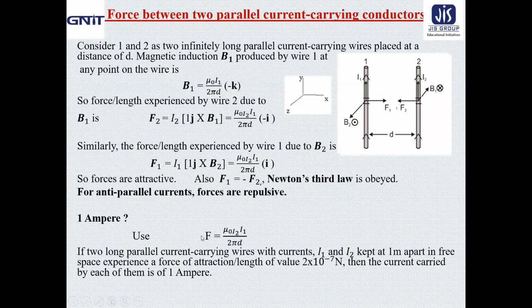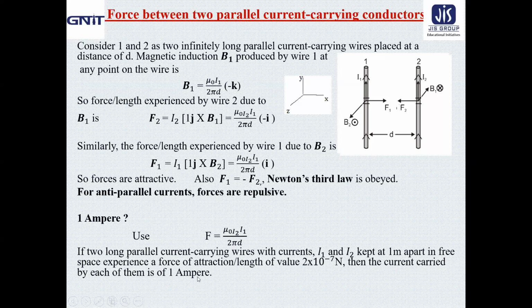Then you can define 1 ampere using this expression, mu naught I1 I2 by 2 pi d, from your 12th standard. If two long parallel current carrying wires with currents I1 and I2 kept at 1 meter apart in free space experience a force of attraction per unit length of value 2 into 10 to the power minus 7 Newton, then the current carried by each of them is 1 ampere.